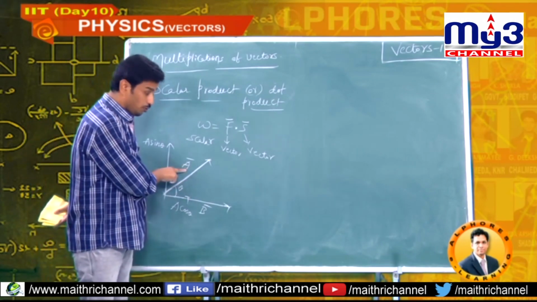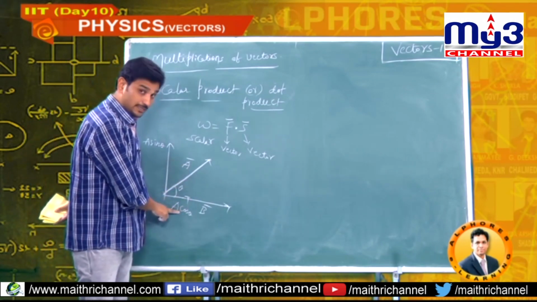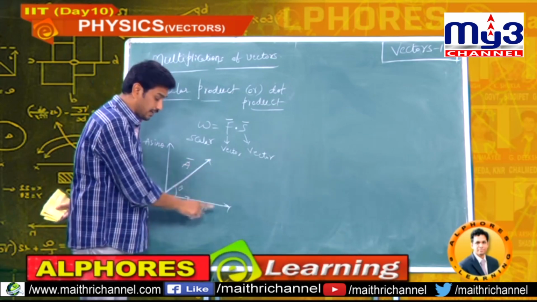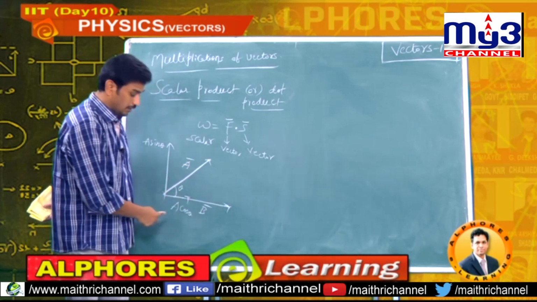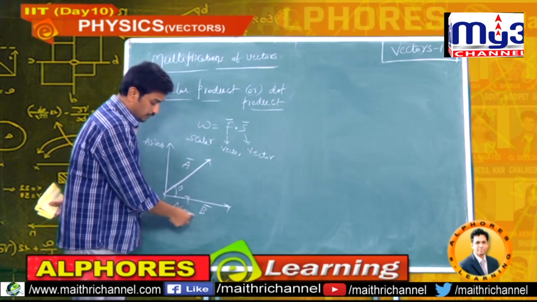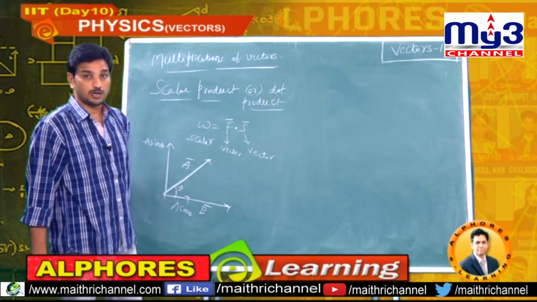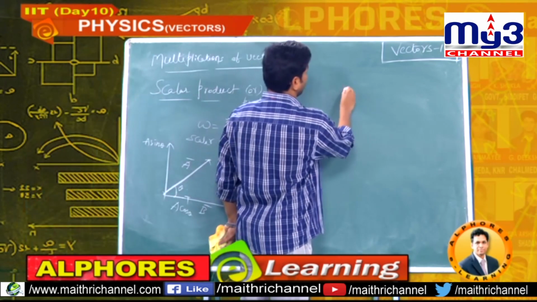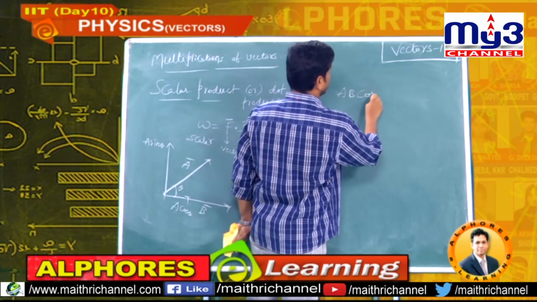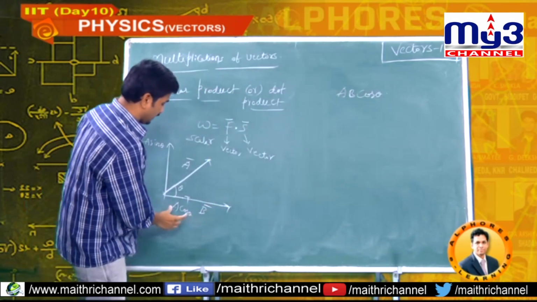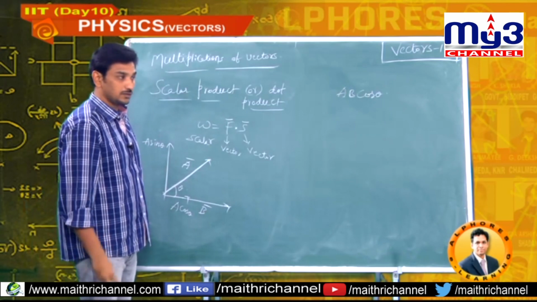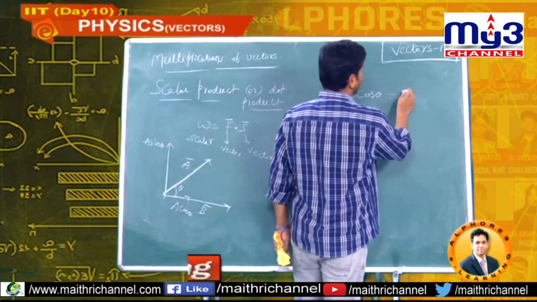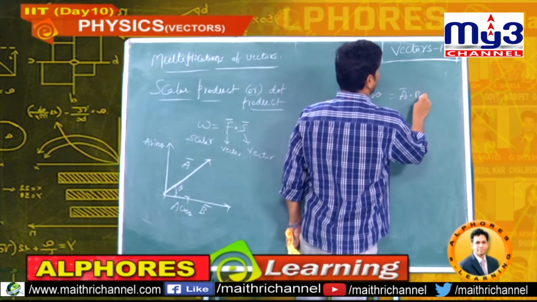So the component A cos theta, along the second vector direction, multiplied by B, this product is called dot product. So A B cos theta, A cos theta into B, is nothing but A bar dot B bar.